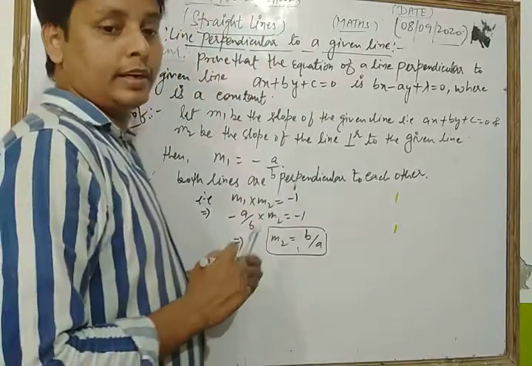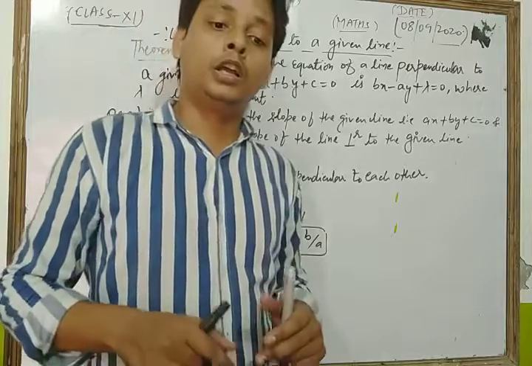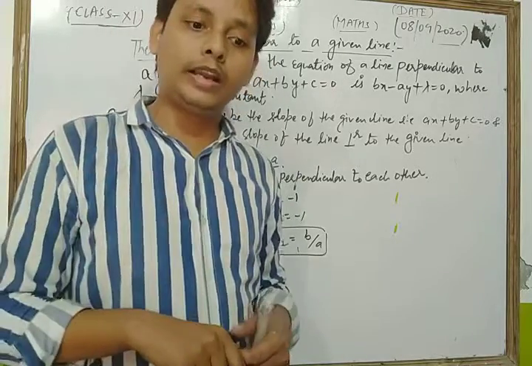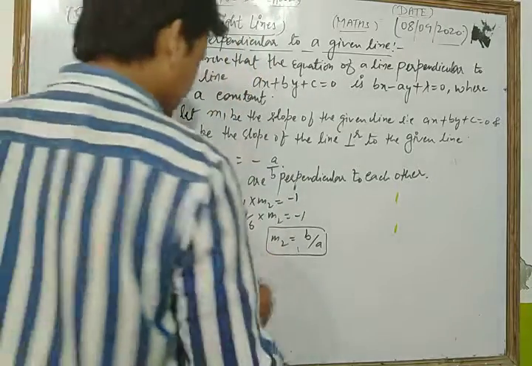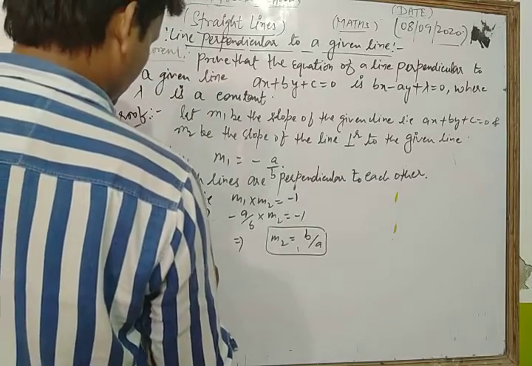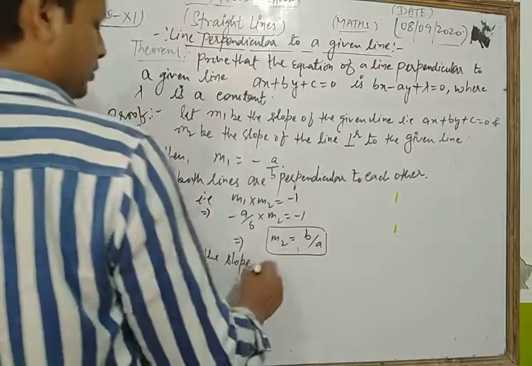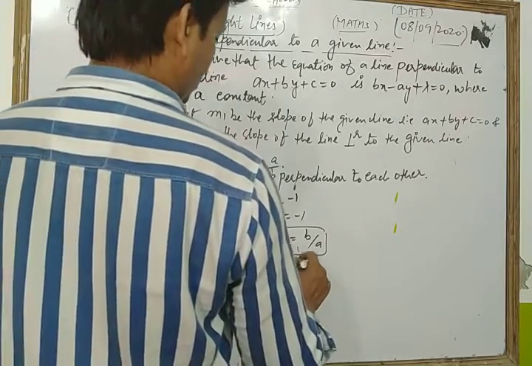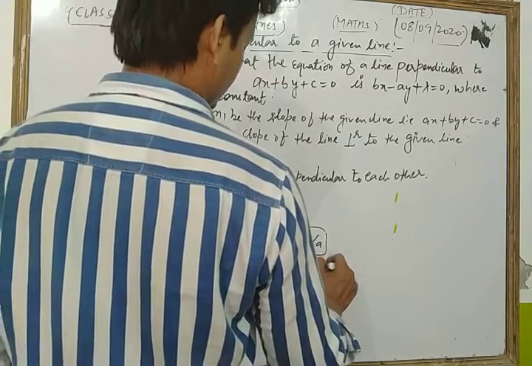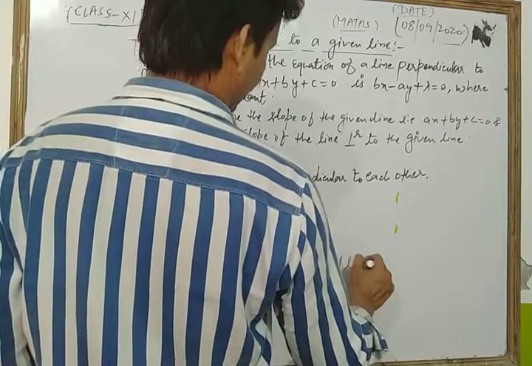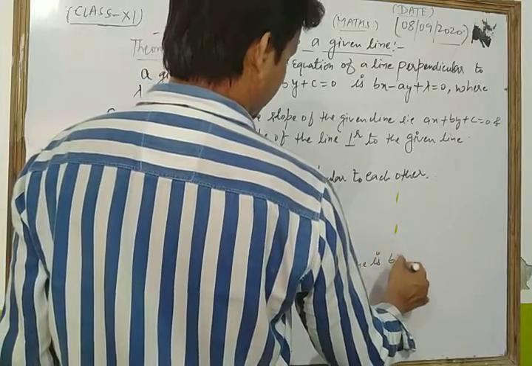In this way, dear students, we find the slope of the required line is b by a. Thus the slope of the required line is plus b upon a.